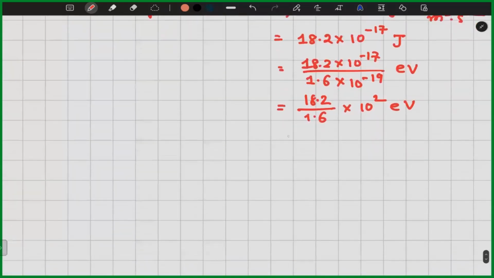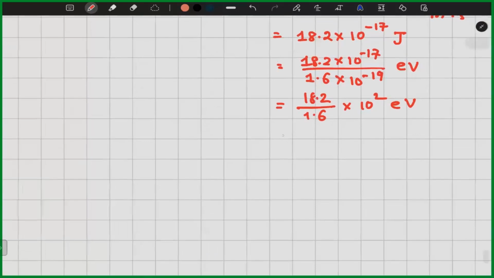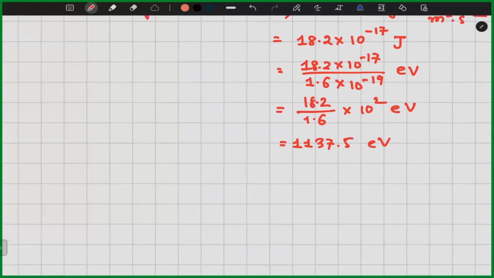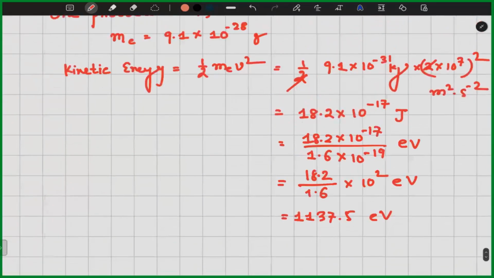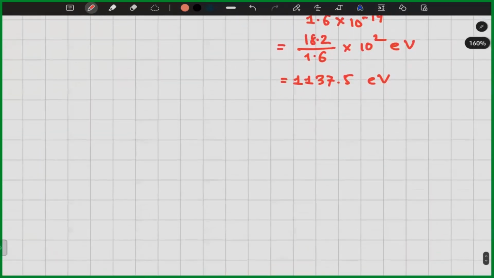If we use the calculator, 18.2 divided by 1.6 into 100 gives 1137.5 electron volt. Okay, so this is the kinetic energy. This is a very trivial question, but we should solve this type of question as well.